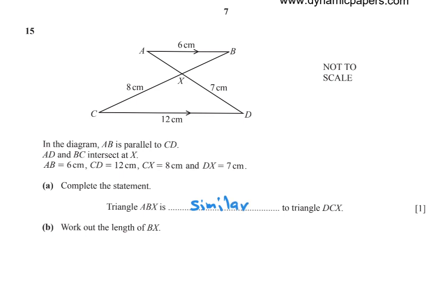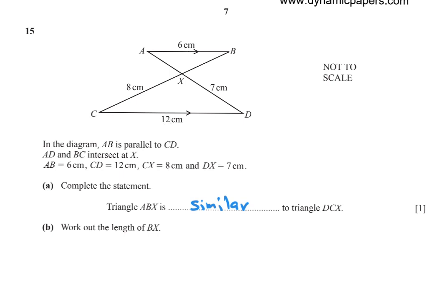Now work out the length of BX. If the two triangles are similar, the ratios are the same. So how to write the ratio? Look, the ratio between this side and that one is 6 to 12, which is 1 to 2.